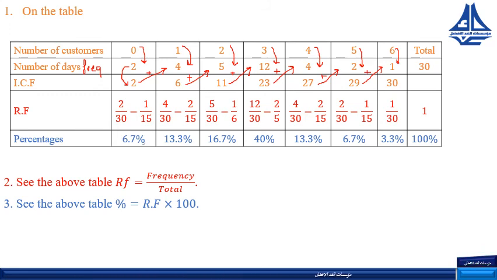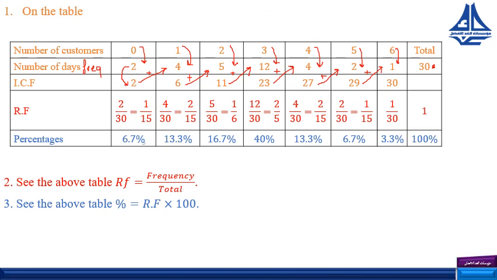We are sure here, guys, that the answer should be 30. The total here should be 30. Why? Since the inquiry was made for 30 days, this is the total frequency.